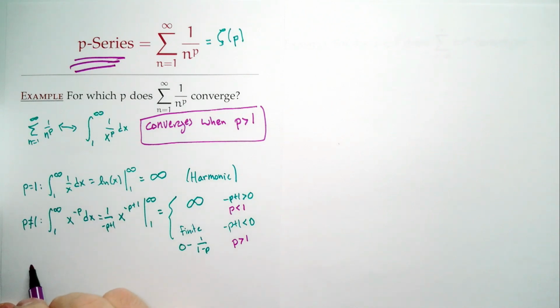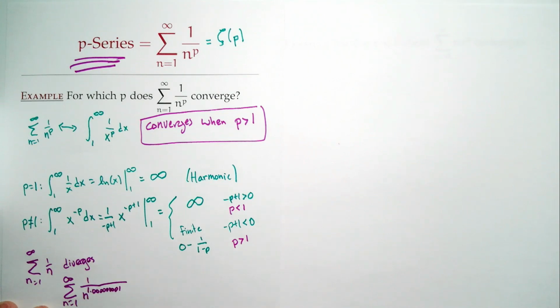Well, this says, look, if you have the sum, n equals 1 to infinity, of 1 over n, well, that's diverging. But what if you have the sum, n equals 1 to infinity, of 1 over n to the 1.000000001? What happens?